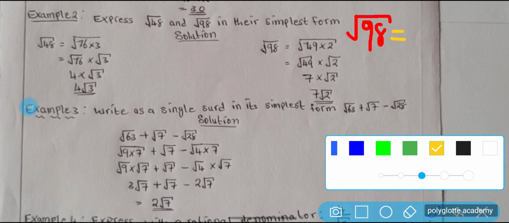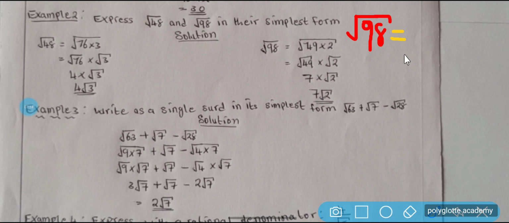Okay, it's all right. Let's go with that. So we have root 98. We need to look for two roots that when we multiply, we are going to have 98.